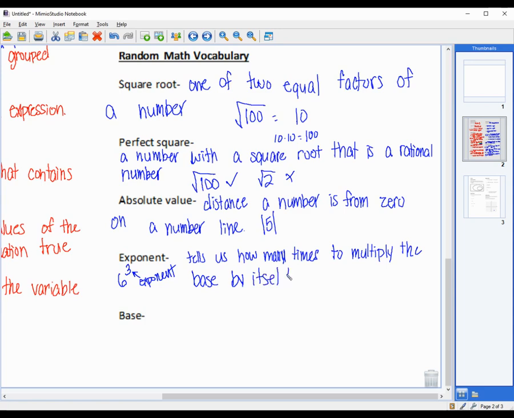Okay, and you're probably asking yourself, well, wait a minute, what's a base? Well, we're going to get to that on the next word here. So here, our base would be 6. Okay, so let's just draw the same example, 6 cubed. Right here, this guy right here is our base.